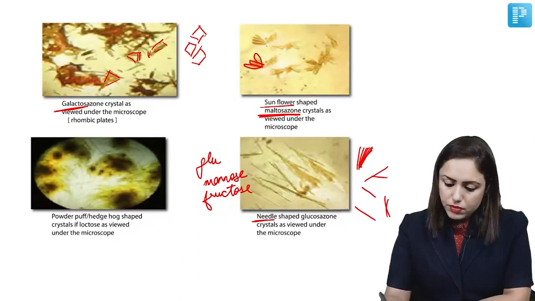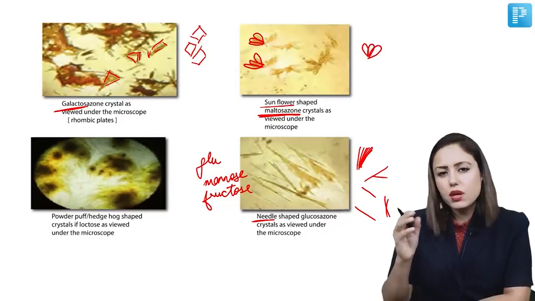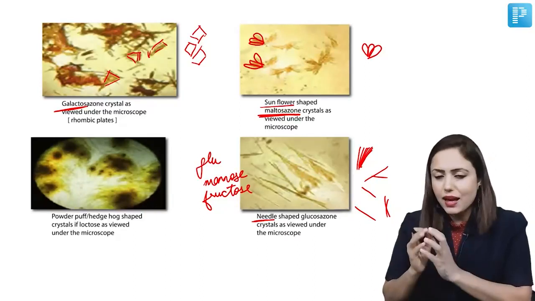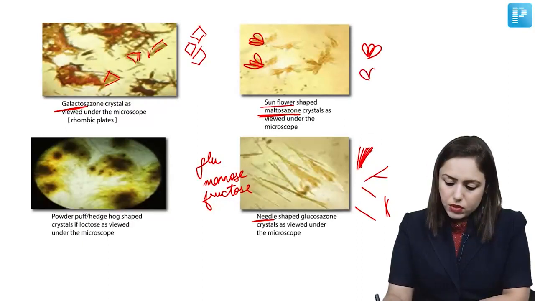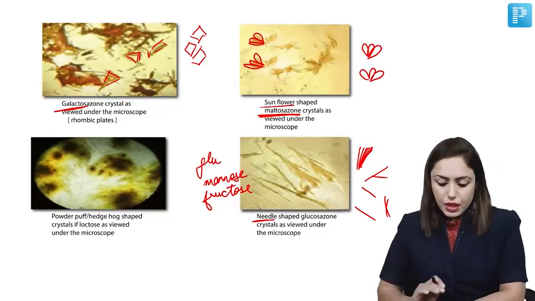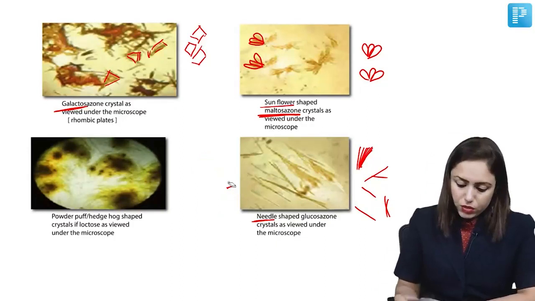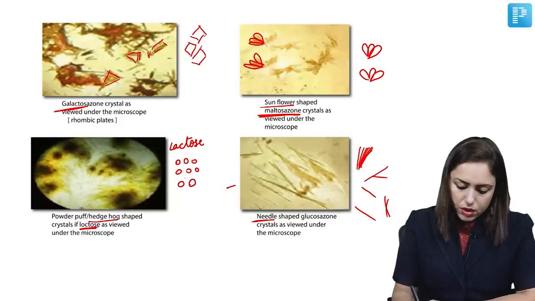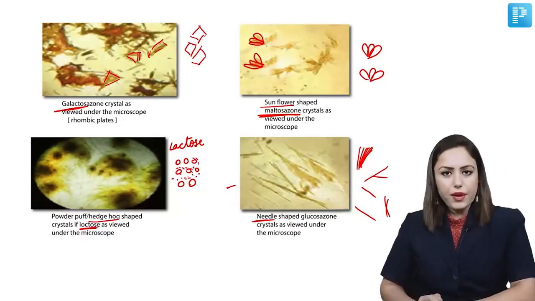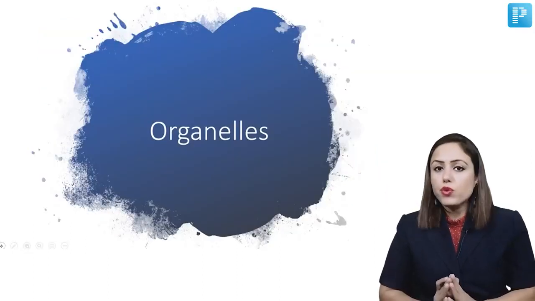So you can see this typical yellow and black color, exactly similar to a sunflower, in the microscope. The shape is like this, okay? Then in the case of lactose, it is hedgehog or powder puff appearance, like this, right?